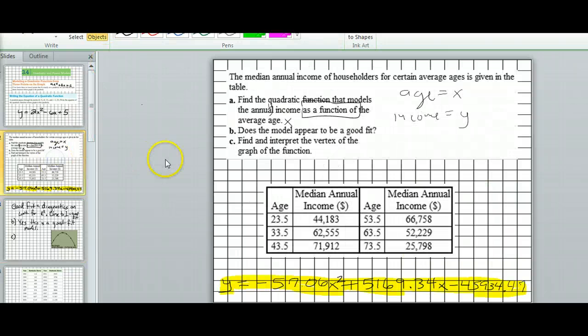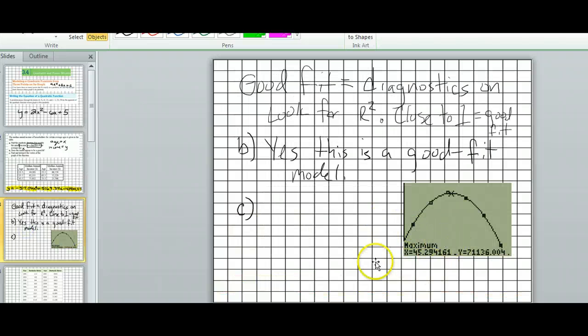But remember, what did we ask to do? Find and interpret the vertex. So this is the maximum.